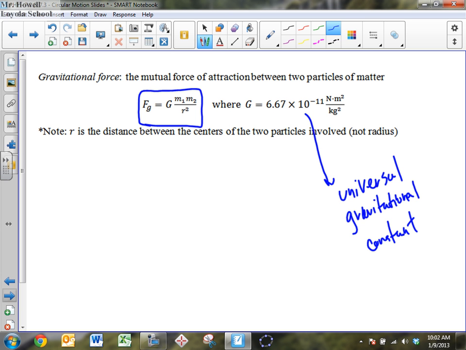Whereas the mass of this remote, and the mass of this paper, they are so small on a relative scale. The mass of these objects is tiny, that you don't feel the force of gravity between them, even though it does exist. Okay?